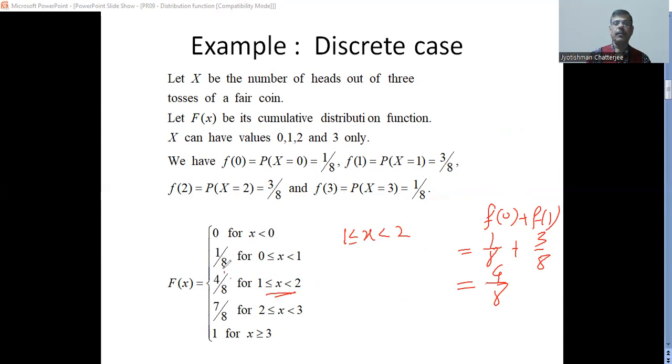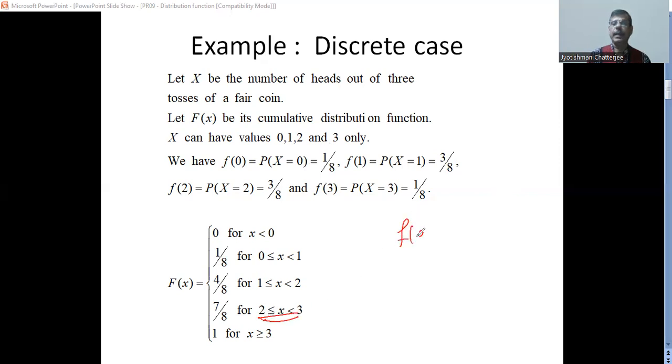For the next range, you will have to add f(0), f(1), f(2), so you get 7/8.